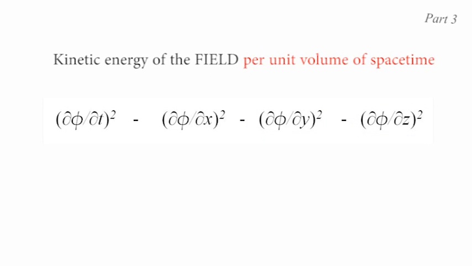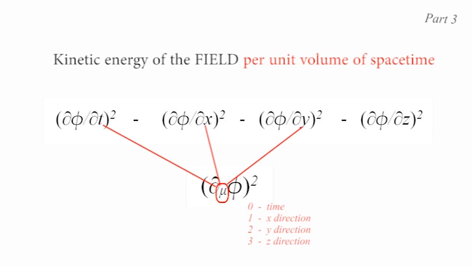And in order to save space, this differential of 4 terms will be written as 1 in the shorthand form d mu phi all squared, where this mu is an index running from 0 to 3 for time, x, y and z. 0 for time, 1, 2 and 3 for x, y and z.